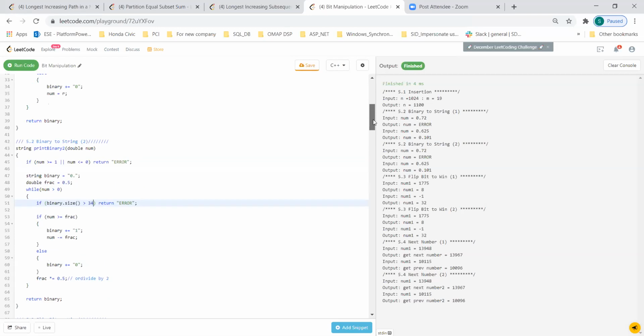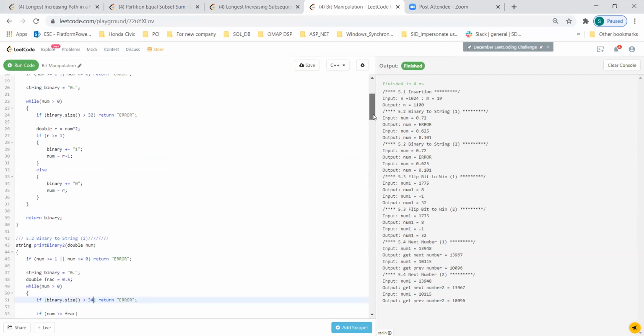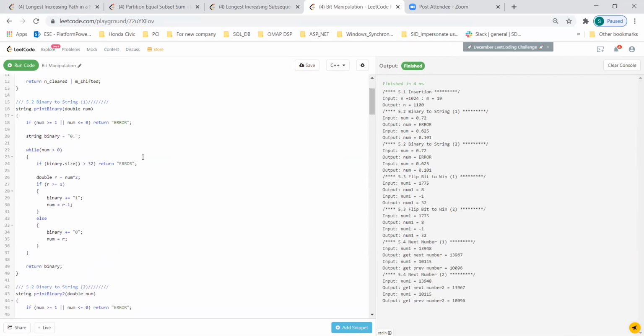These guys are looking for 32 because they don't look for the 0, so it should be 33 as per them. It is like less than or equal to. Okay, so 34 is correct. Yeah, you're right, so we just ignore this. You can do 34 or equal to 33.